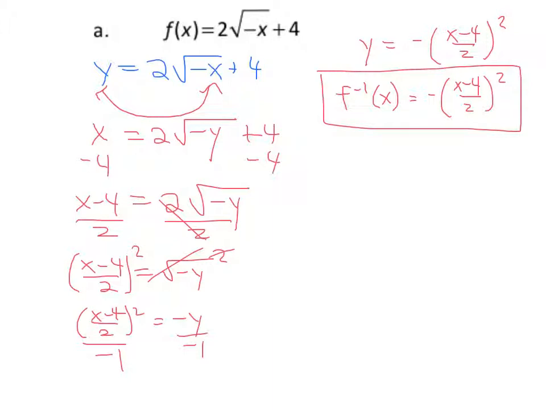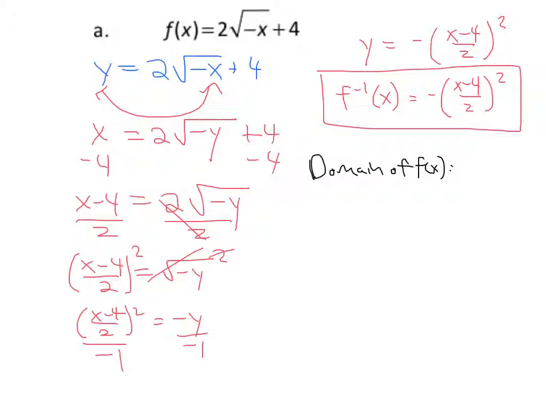Now, it's also important to think about the domain and range of a function and its inverse. So let's talk about that real quick. The domain of f of x is everything x can be.